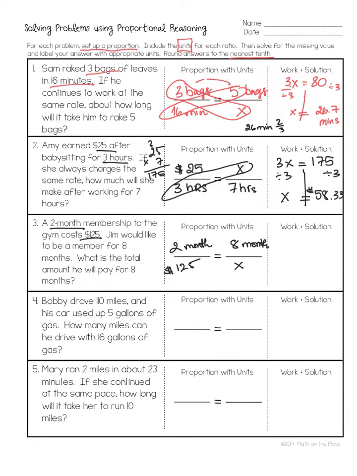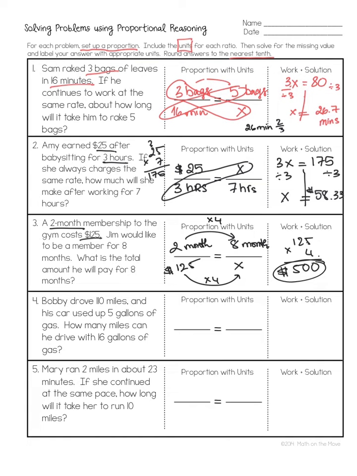So you can see the relationship of 2 to 8, right? You're going to multiply by 4. So the amount of money, I need to multiply by 4 as well. So 125 multiplied by 4 will give you $500.